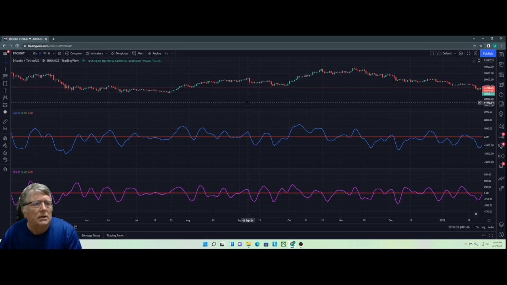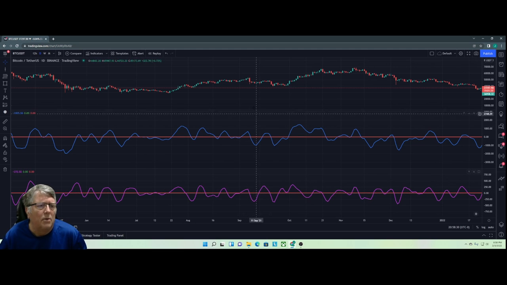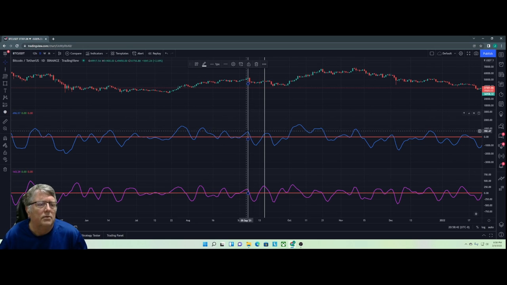If you look at acceleration, we see that when the market got to this point, the acceleration reading actually was higher than the acceleration reading at this level. So the velocity reading was lower, but the acceleration reading was higher.